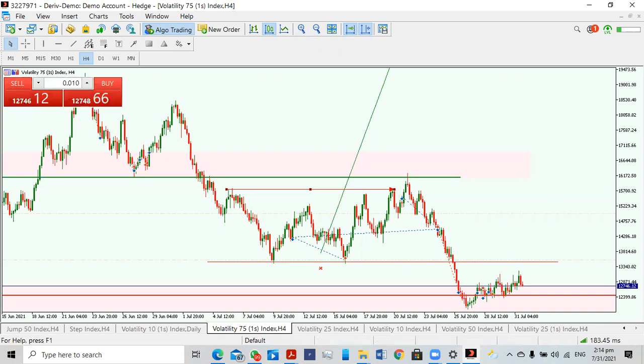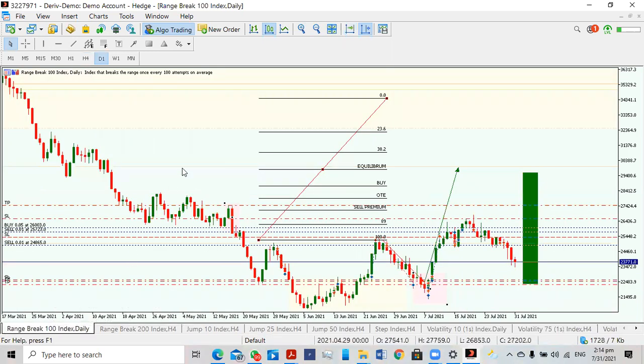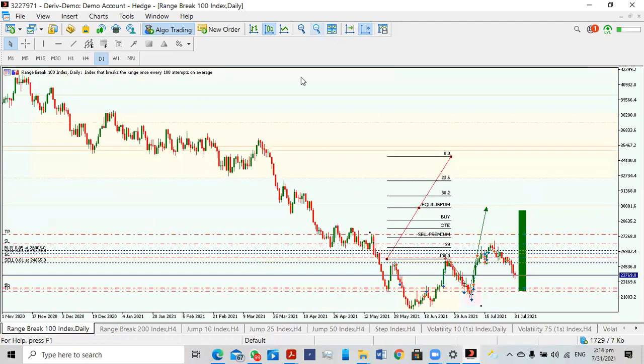I think Range Break respects price psychological levels a lot, especially Range Break 100. Let's take for instance, see here now, this 40,000.